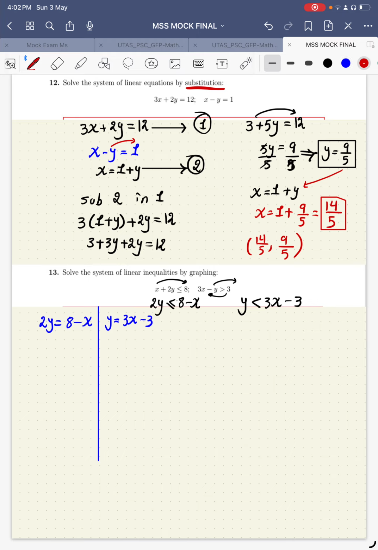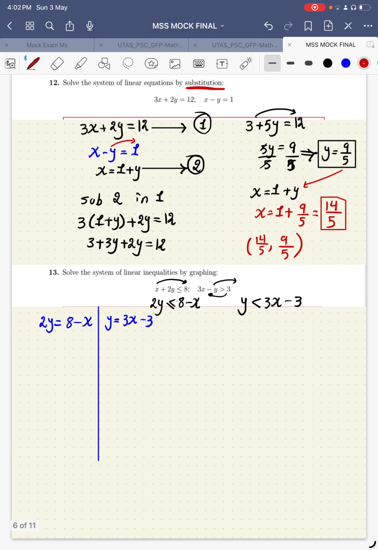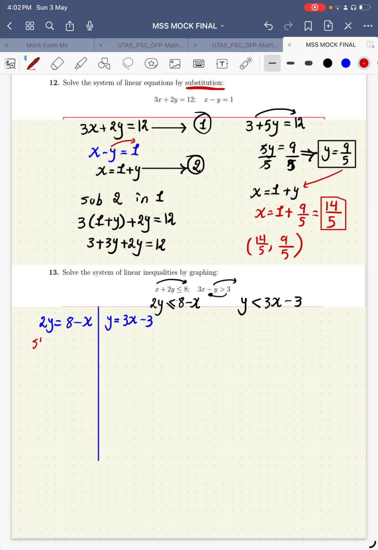So how are we going to find the x-intercept? Remember, the x-intercept is actually what? Let's start with the slope. In that case, if you remember correctly, I have a coefficient with y, so the slope is going to be the coefficient of x divided by the coefficient of y.